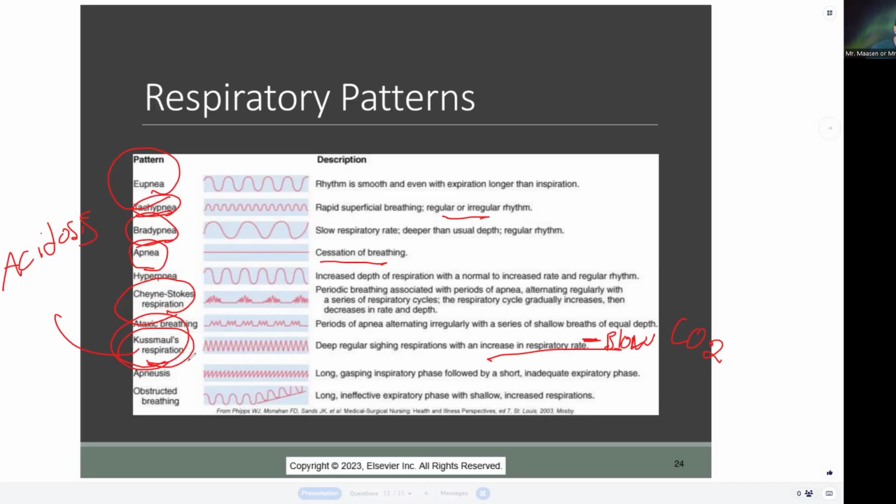Kussmaul respirations are very similar to hyperventilation because the goal is that our body is trying to blow off CO2, or decrease CO2 levels. So you see Kussmaul respiration with acidosis as a compensation mechanism, basically. I'd highlight those as need to knows.